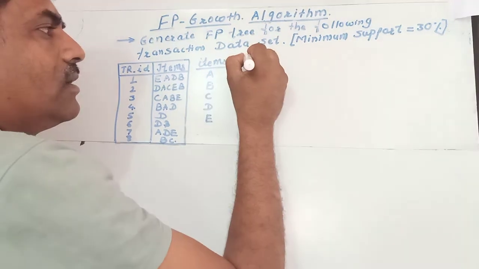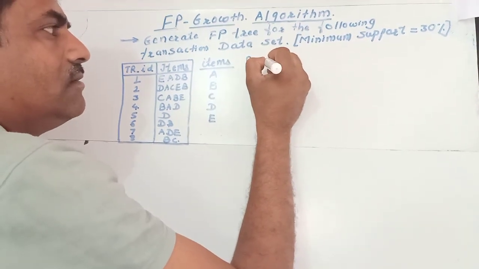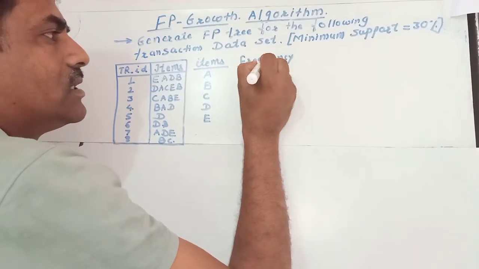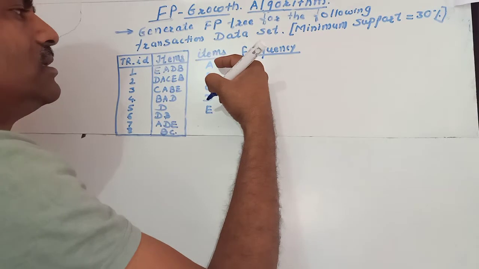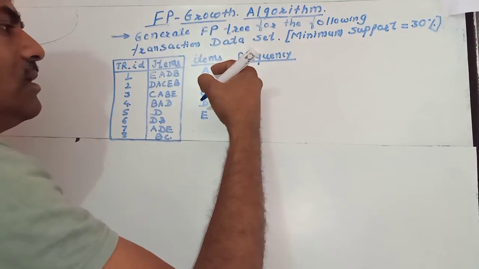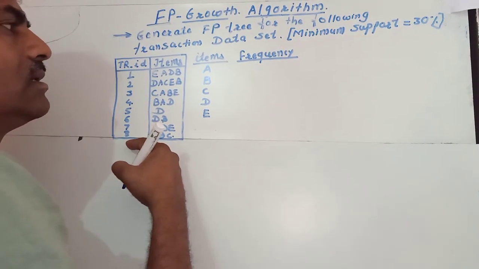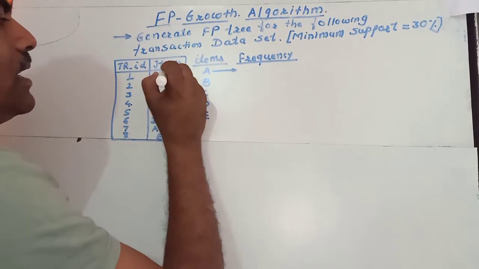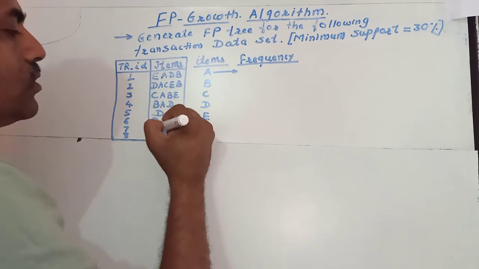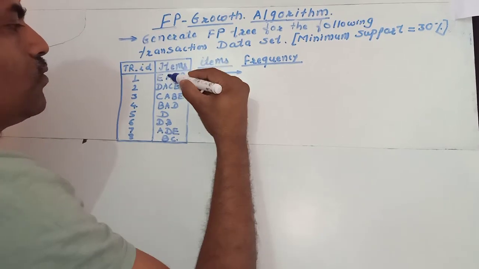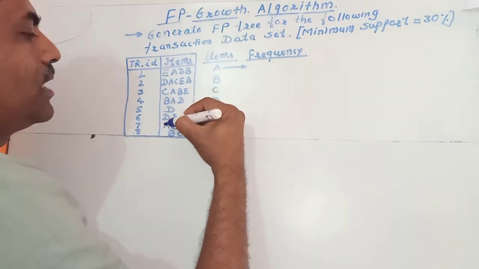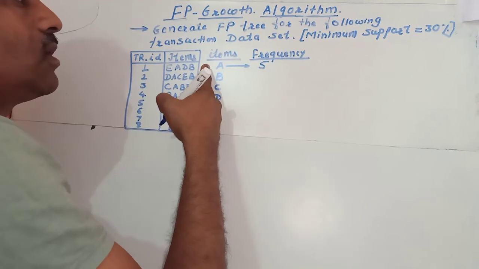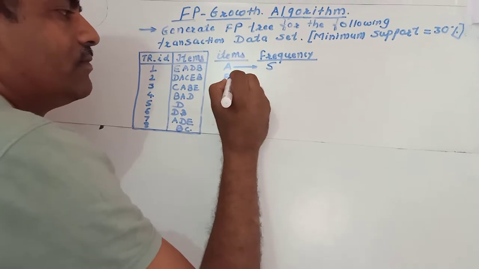So let us find the frequency of the individual items present in the data set. Frequency means how many times the individual item has occurred in the data set, right? Looking at item A, let us count the occurrences: 1, 2, 3, 4 and 5. So A has occurred 5 times, and I can say that the frequency of item A is 5.